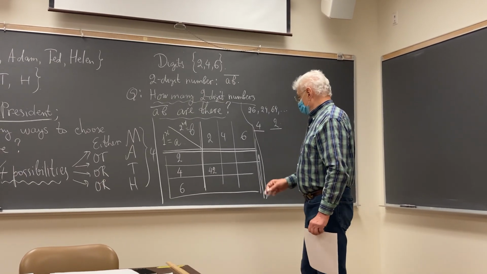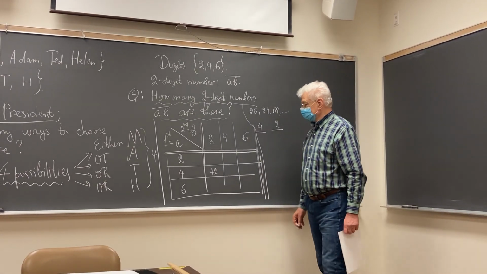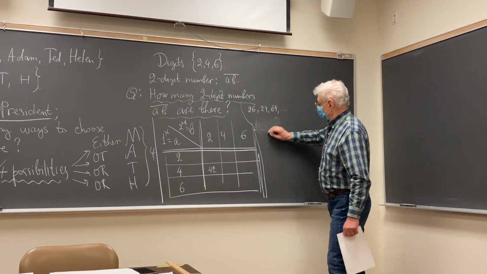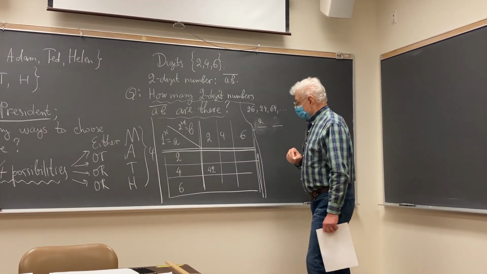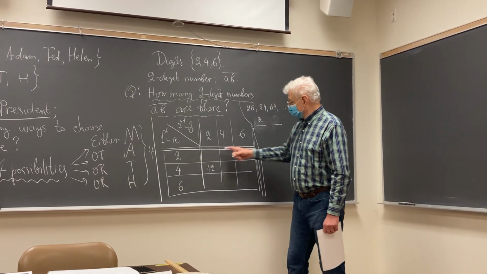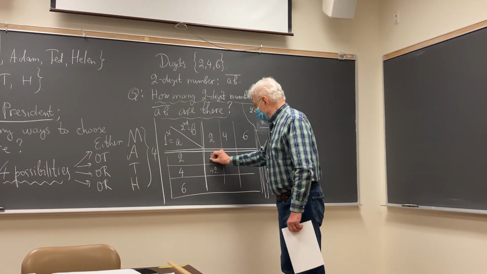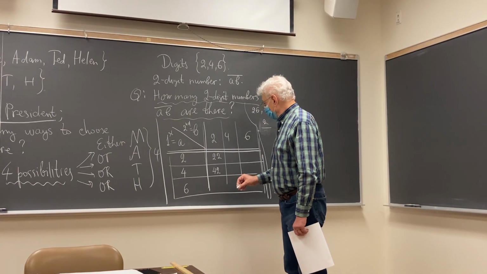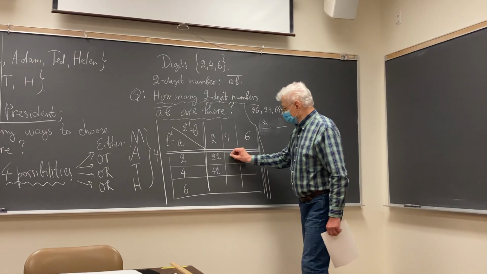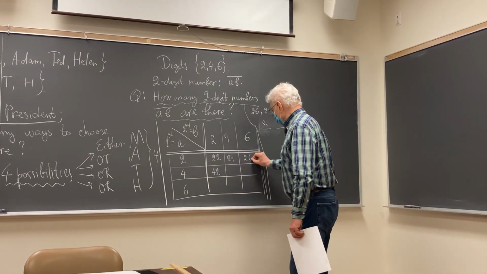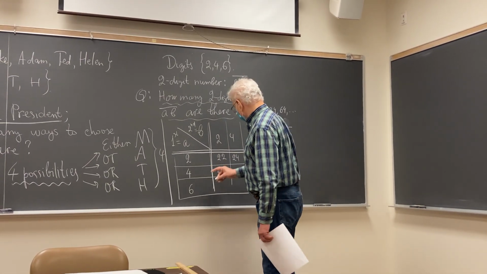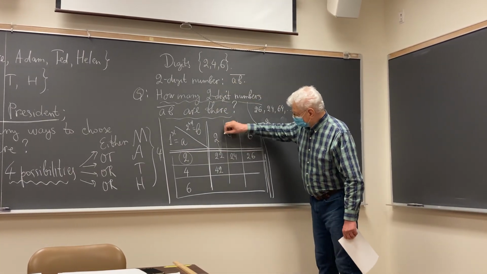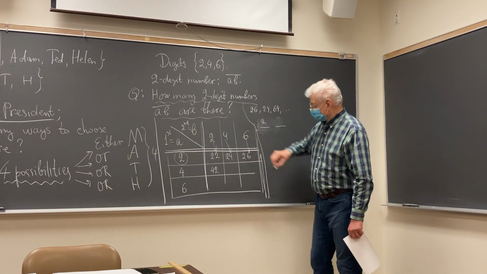Okay, let's write all possible two-digit numbers. Suppose the first digit is 2. Then what are the possibilities for the second digit? Could be 22, then 24, 26. This is how we can write these numbers if we start with digit 2 and add each digit up here.